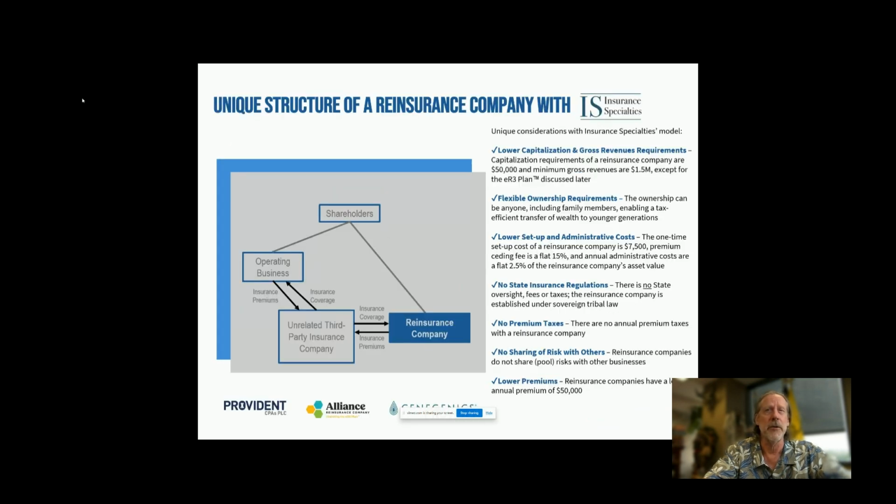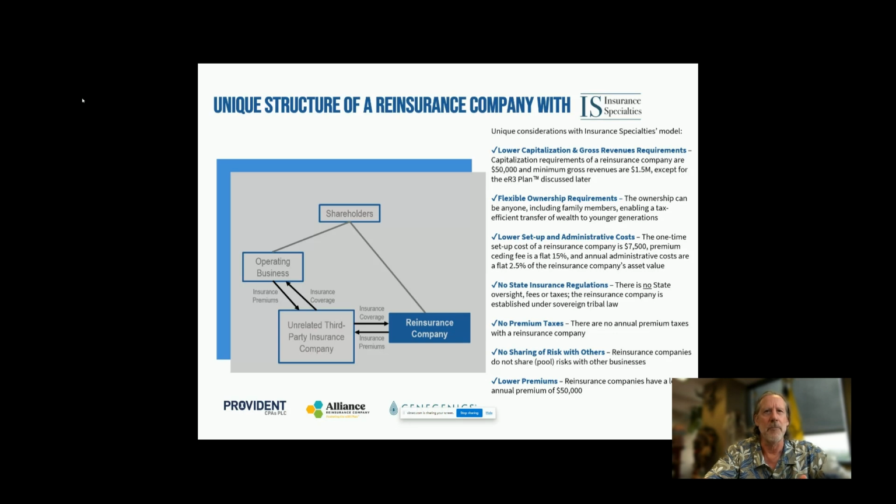If you go the route of a reinsurance company, which is what we've created here with Alliance with Craig's assistance, we've got a third party insurance company that is sharing some of that risk with the client. The premium is remitted after a ceding cost, which is a flat 15%, which is about half of what the industry average is for micro-captives.